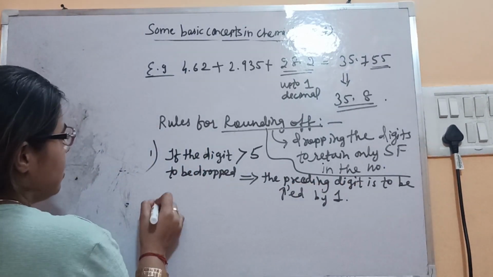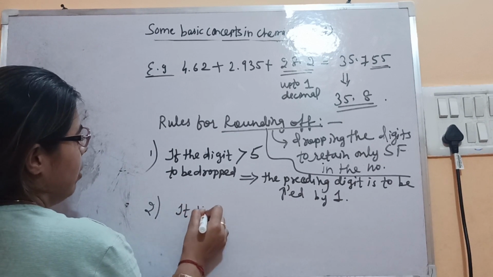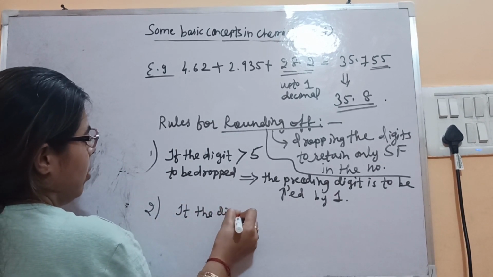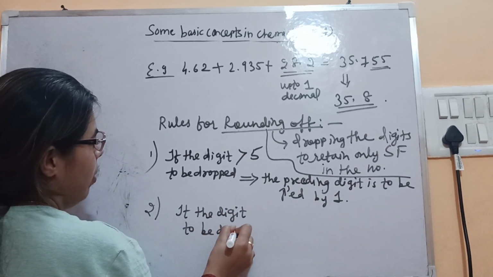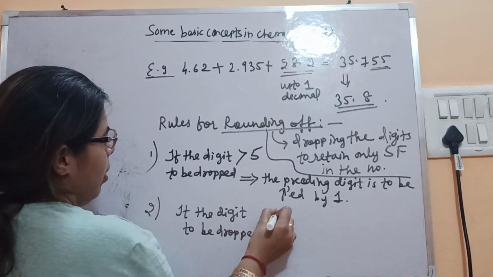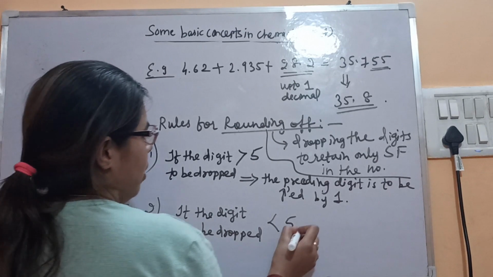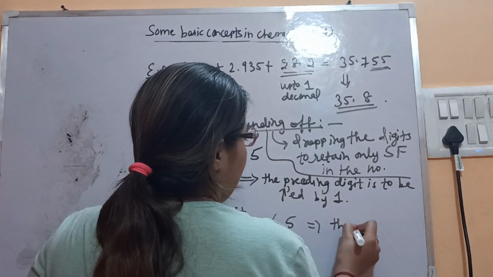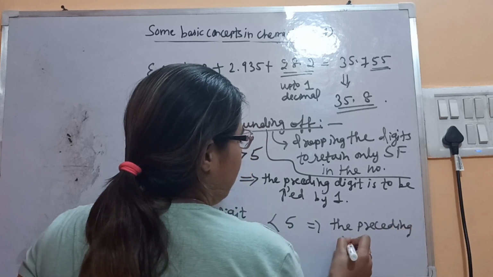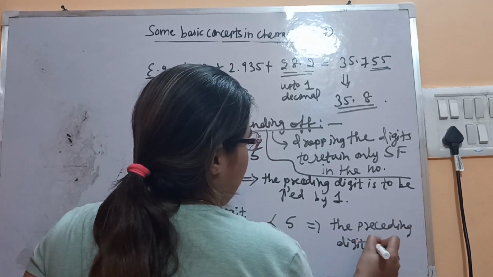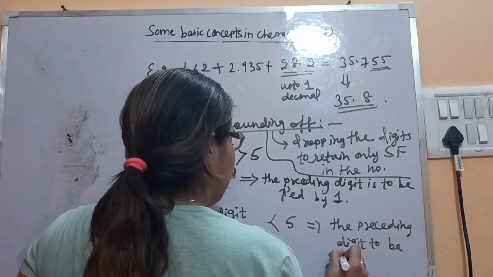Second, if the digit to be dropped is less than 5, then the preceding digit remains unchanged.